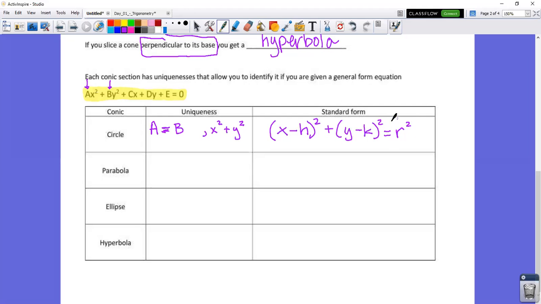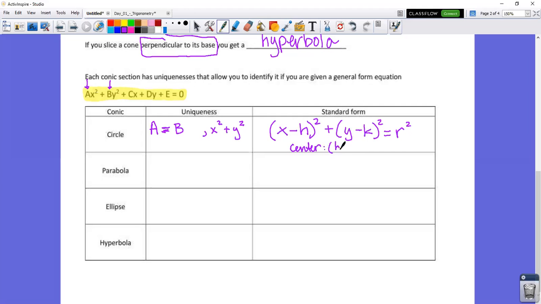So this one always equals a number on the right side for a circle. Most of the time it's a perfect square like 25 or 16 or 49 or 144, but it does not always have to be. This does not have to be a perfect square. From this equation we can get the center.